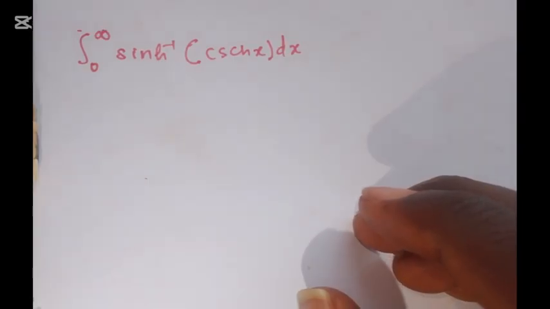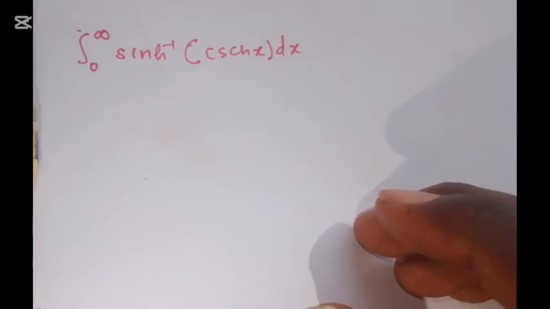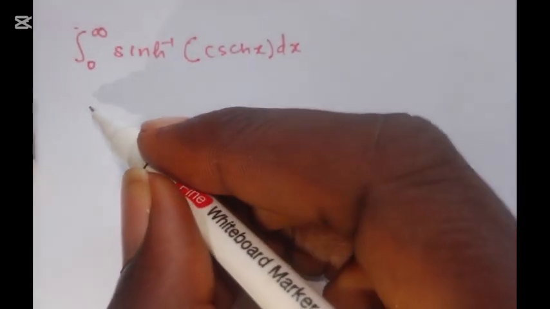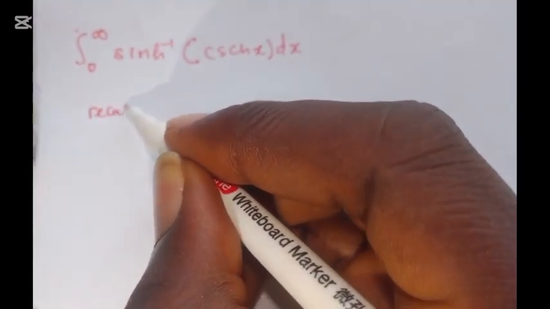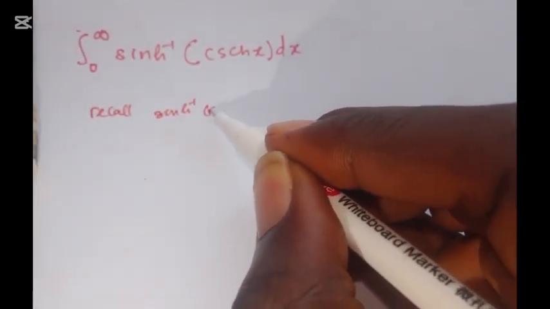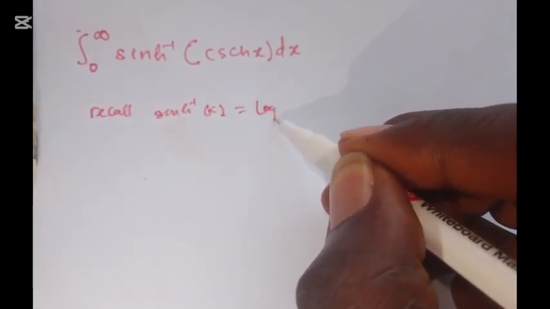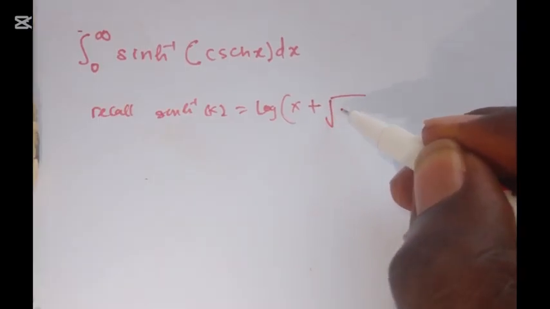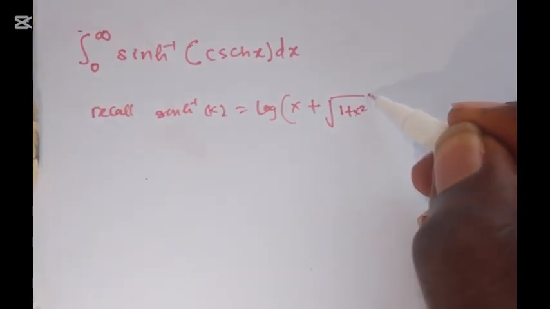Now let's dive into the solution. How are we going to solve this problem? The first thing we're going to do is to recall this identity. Recall that arcsinh of x is equal to log of x plus the square root of 1 plus x to the second power.